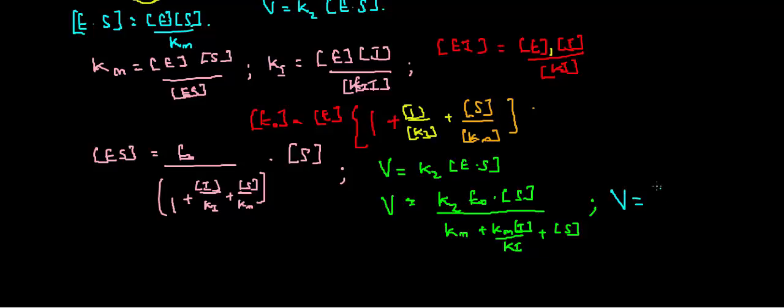So now I can say V is equal to K2 E naught, like we said earlier, is equal to Vmax, right? We said it in the derivation of Michaelis-Menten equation. Now I can factorize Km here.